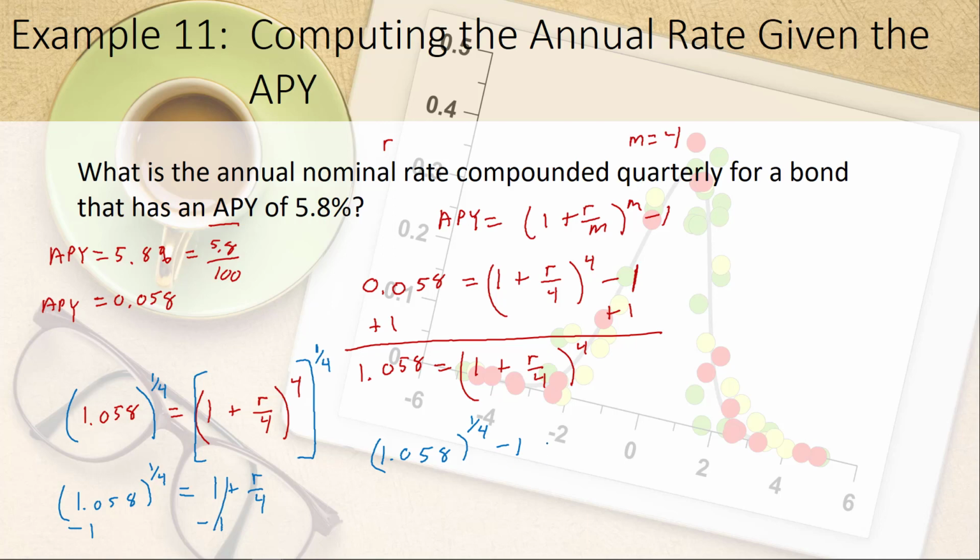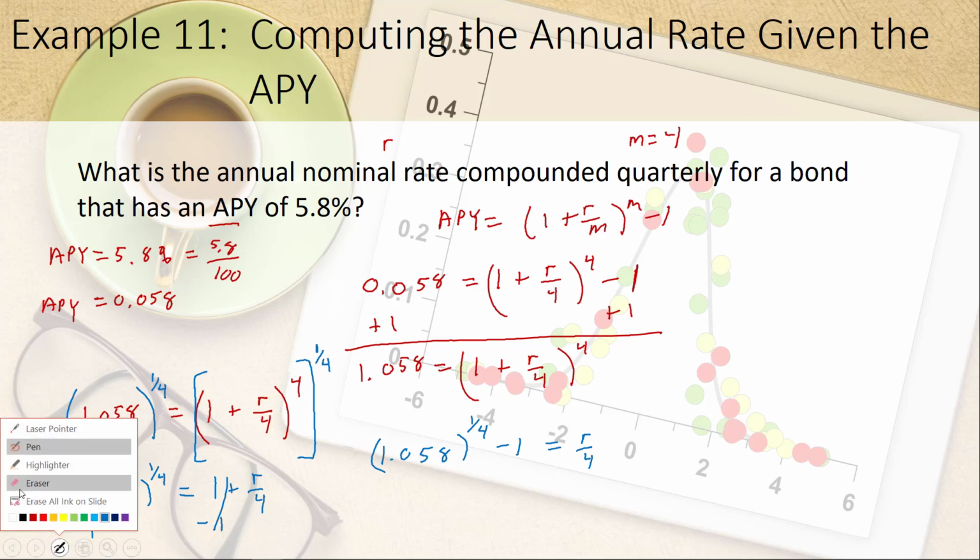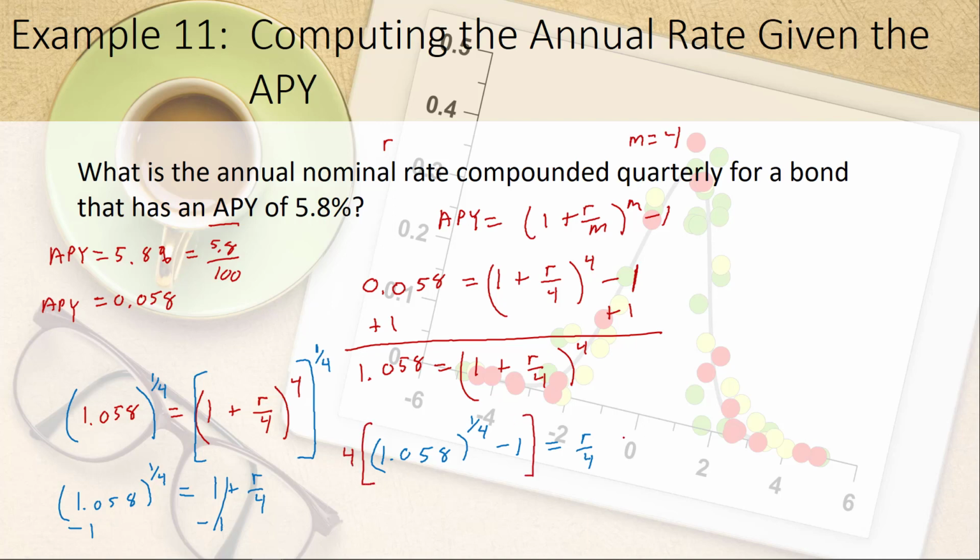These will cancel, and this will be equal to R divided by 4. Finally, we can multiply both sides of the equation by 4, and then these cancel, and you're left with R.